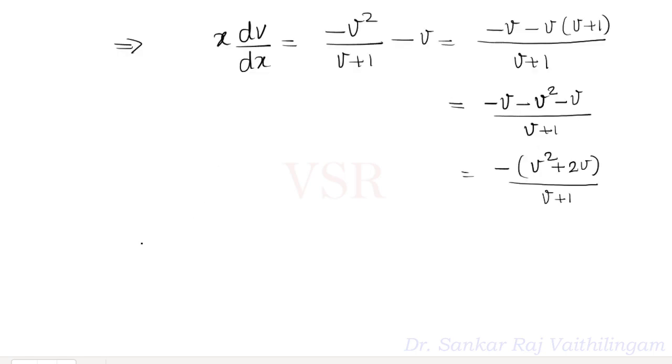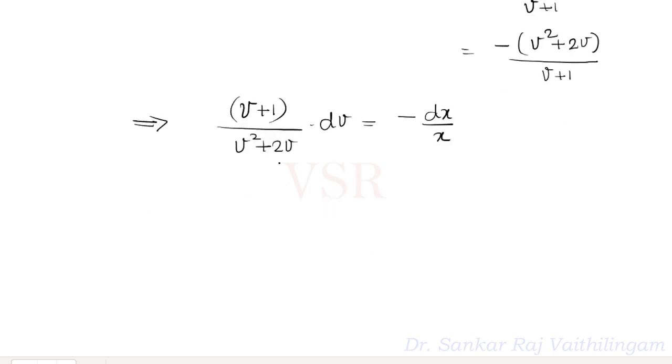So this implies that v plus 1 divided by v square plus 2v into dv is equal to minus dx by x. Of course, if I differentiate this, I get 2v plus 2. So I multiply by 2 and also by 1/2.